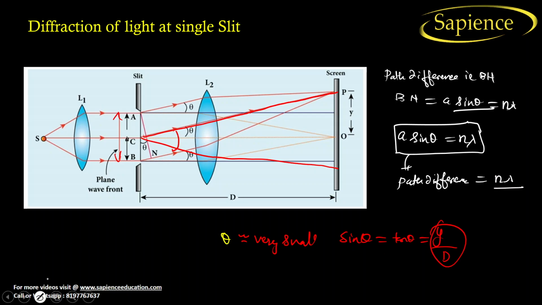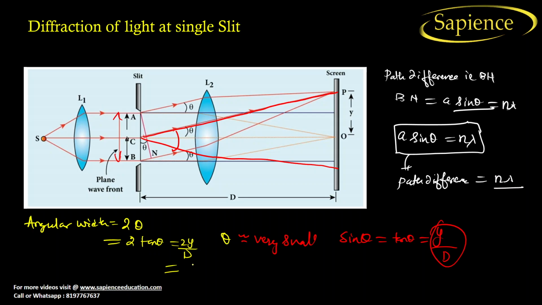So we can write here angular width is equal to 2 theta, or 2 tan theta, and tan theta is equal to y by D, so 2y by D. Got it?